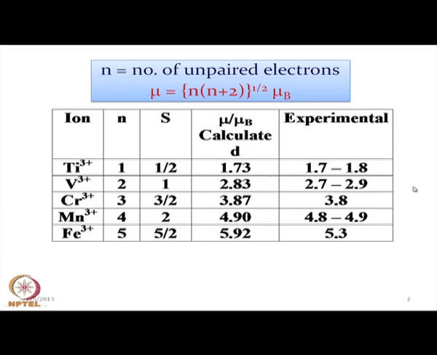Similarly, for 2 unpaired electron, 3 unpaired electron and 4 unpaired electron systems, we can have a magnetic moment which is very close to our spin-only values.